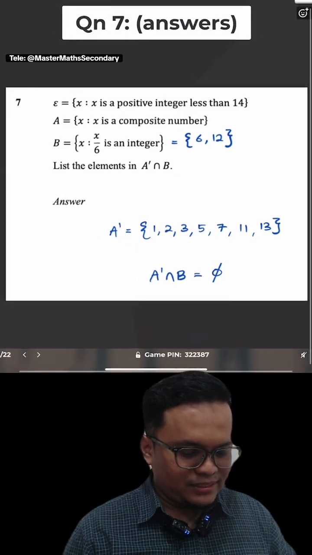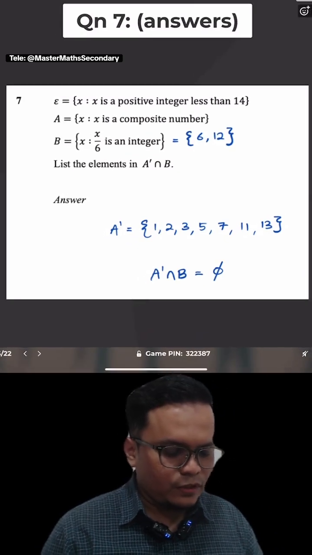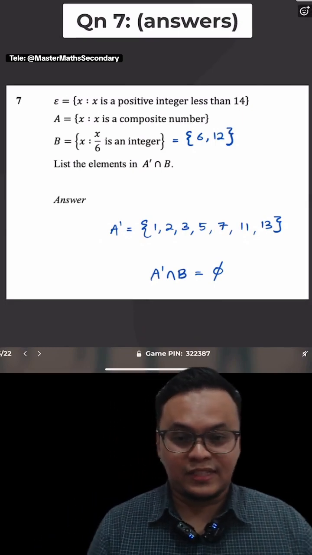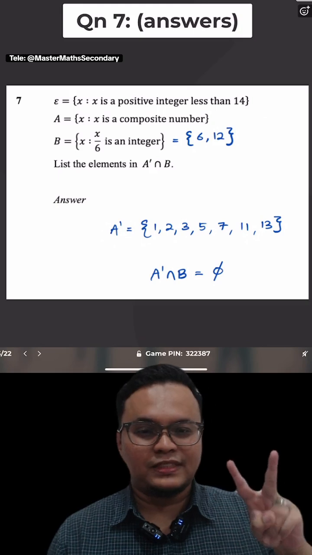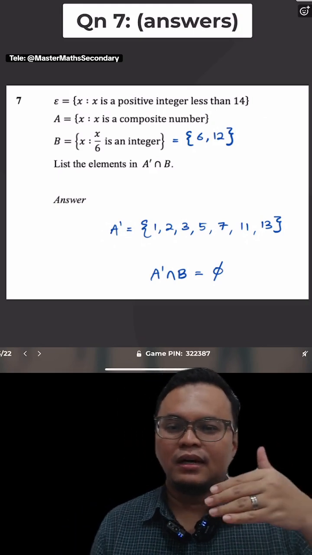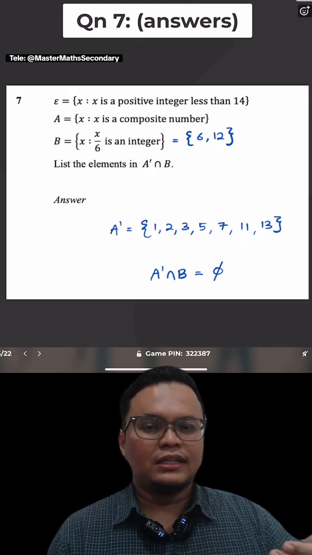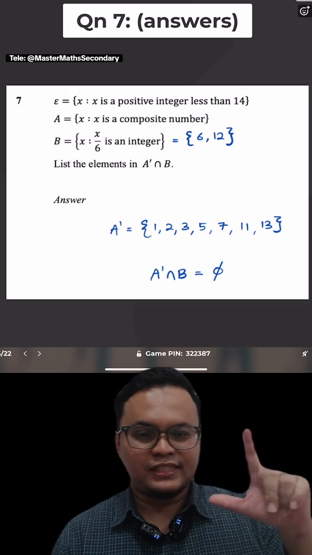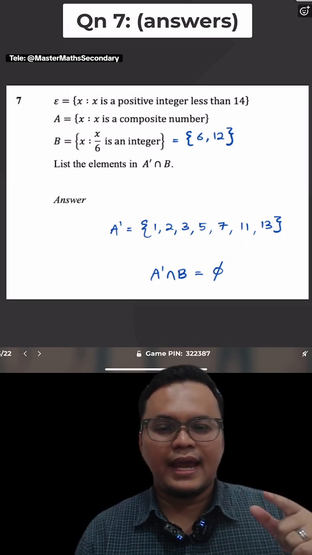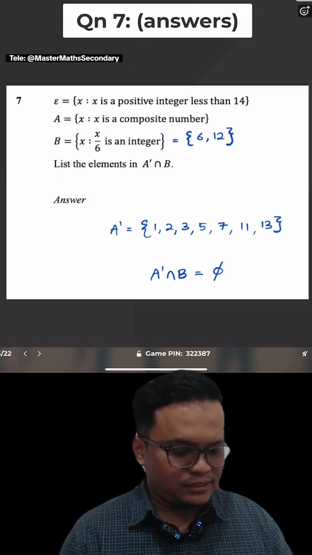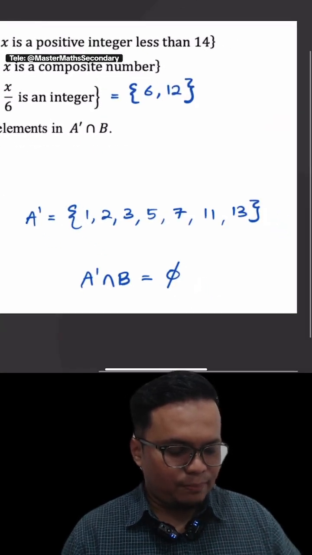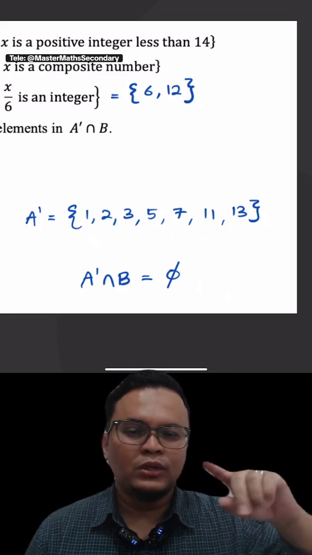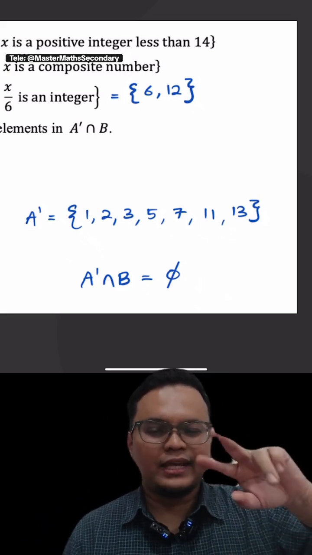All right, now let's take a look at this question here. For x over 6 to be an integer, it must be a multiple of 6. So the only 2 multiples of 6 between 1 and 14, less than 14, meaning 1 to 13, are 6 and 12. And if you want the elements, notice this thing here, guys, A complement intersect B. What I always like to do is translate into simple English.